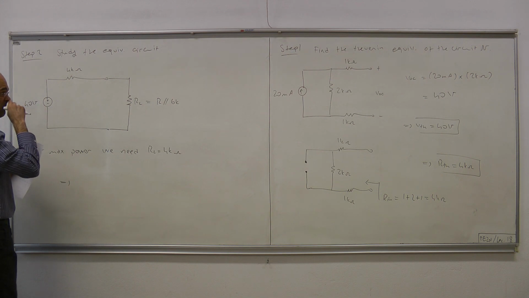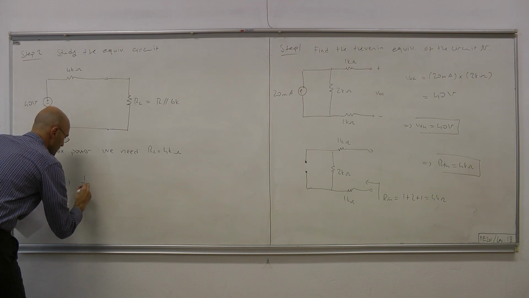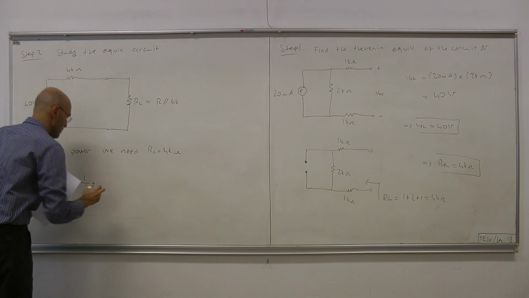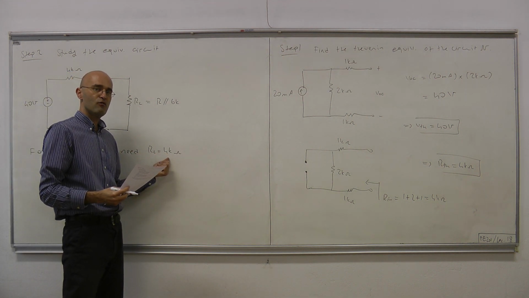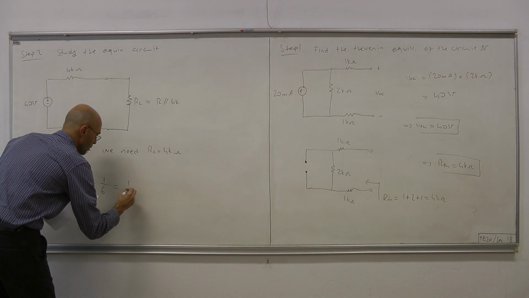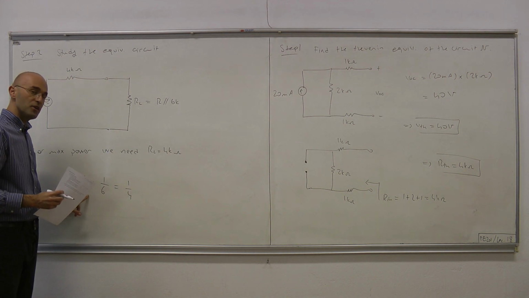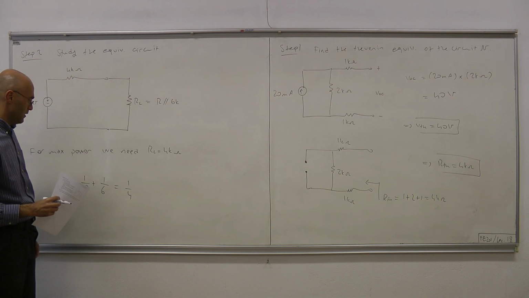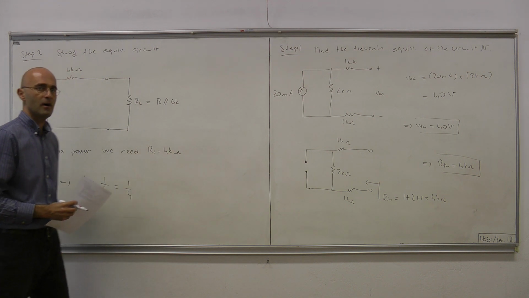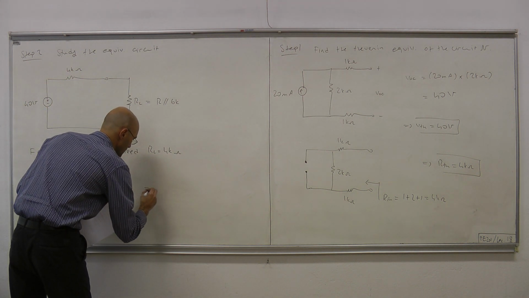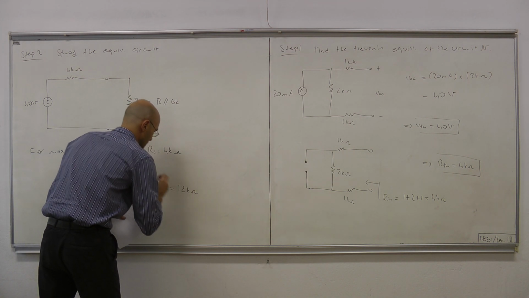Then, R and 6K, the equivalent resistance is 1 over R plus 1 over 6, inverse, and that inverse must equal 4. Or in other words, 1 over R plus 1 over 6 must equal 1 over 4. And from this equation, we easily obtain R. It must be 12. 12 what? 12 kilo ohms. We should be careful about the units. So that yields R equals 12 kilo ohms.